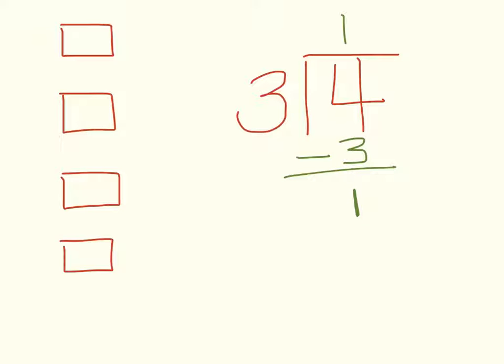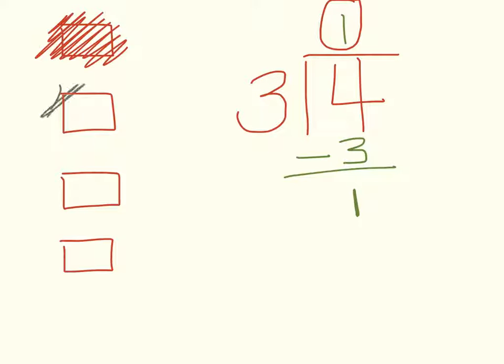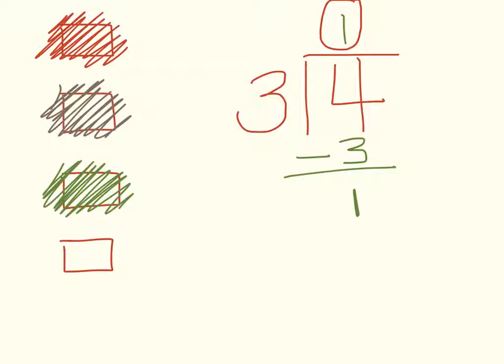Now, we're not going to put R1, but let's go back over to our candy bars real quick. My first person, because up here it says they're each going to get 1 candy bar. First person gets this 1 candy bar. Second person gets this 1 candy bar. Third person gets this 1 candy bar. Now, that left me with the 1 candy bar left over.